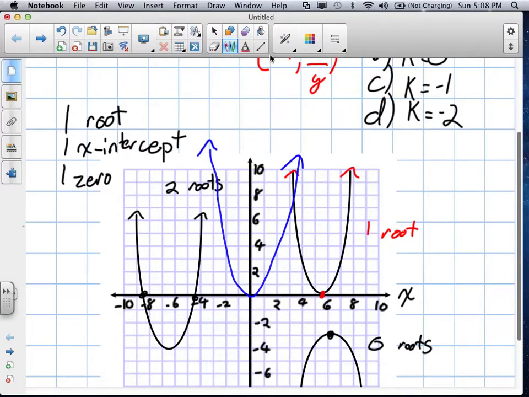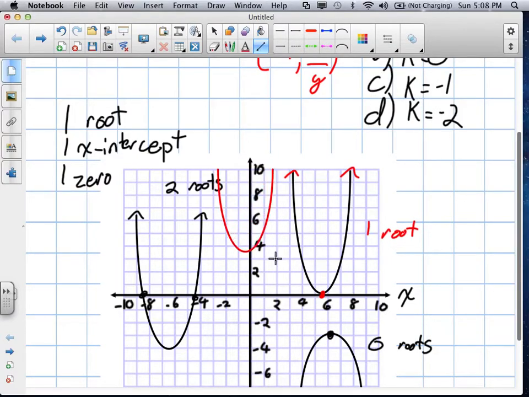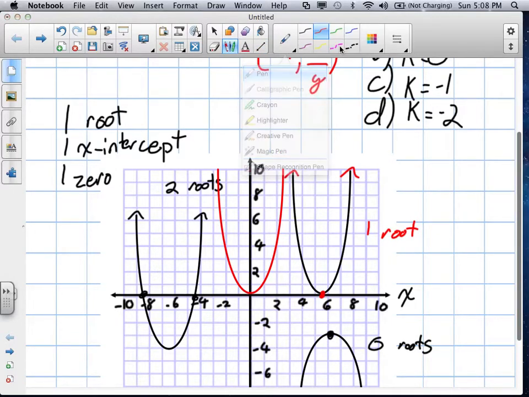Where is it? Let's say this is the original one. I know it's not perfectly drawn to scale, but let's say that's the original parabola, the one in red. How many roots does that have? 1. So we still want to produce one that has 1, okay?